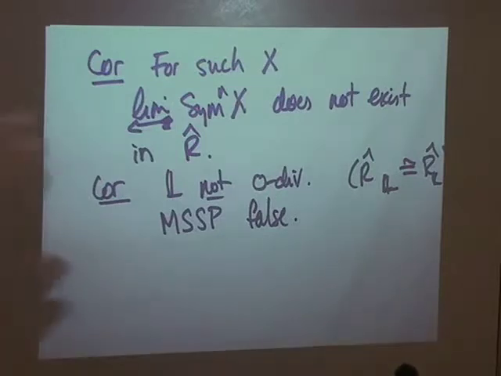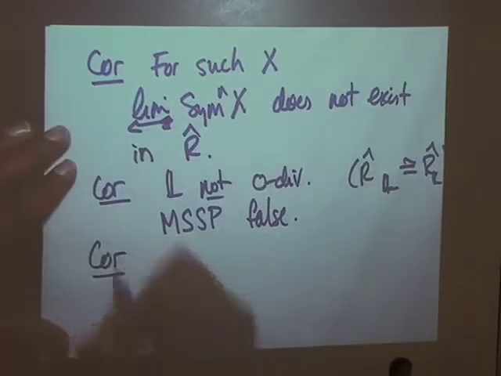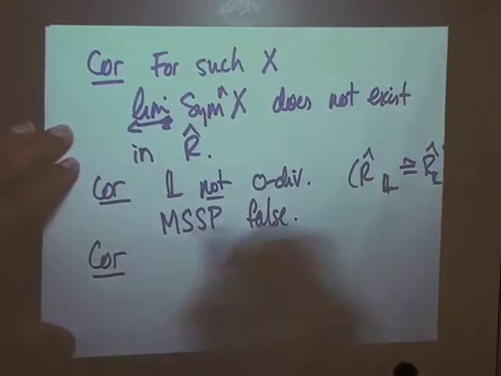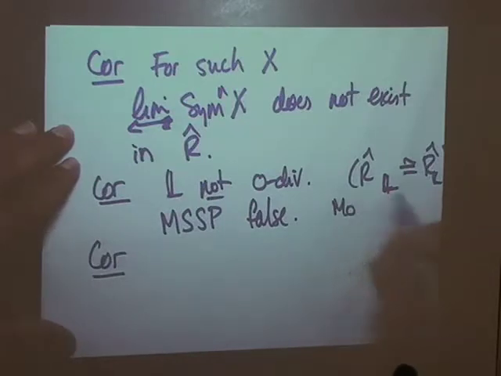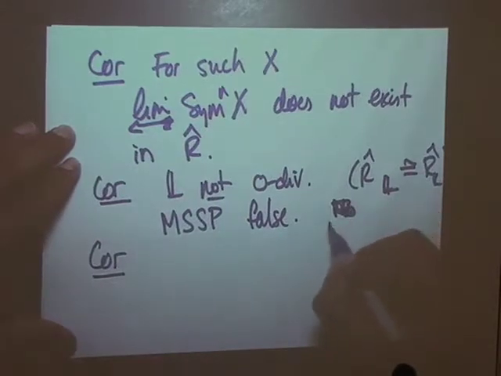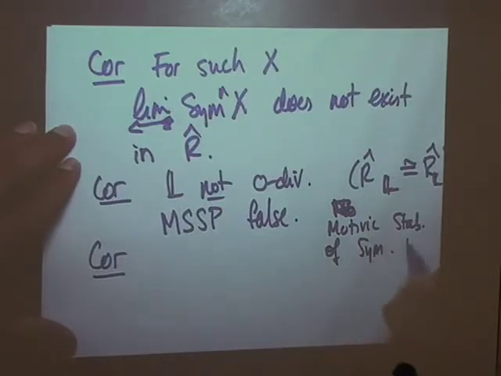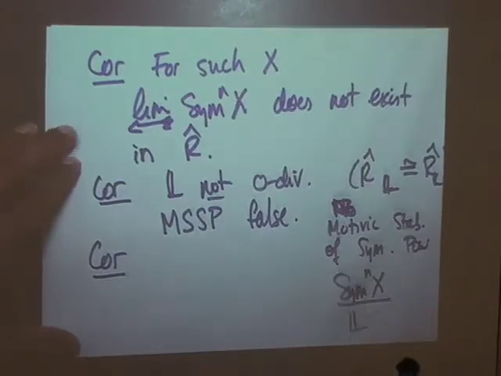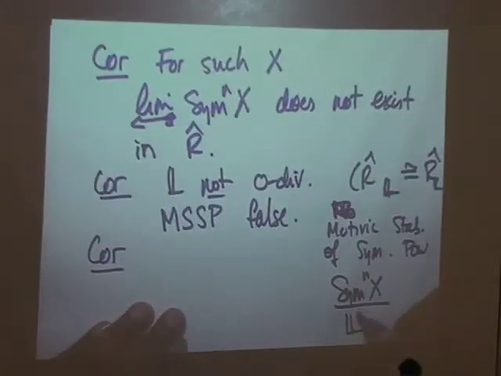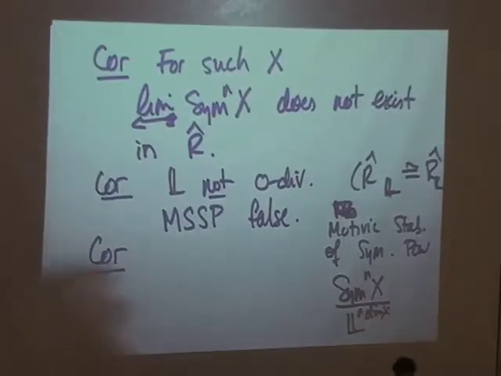And so here's another one, which is another corollary. Motivic stabilization of symmetric powers, and I'll say what I mean: you take Sym^n of X, if X is smooth projective, this is the Bittner dual to turn homology into cohomology.